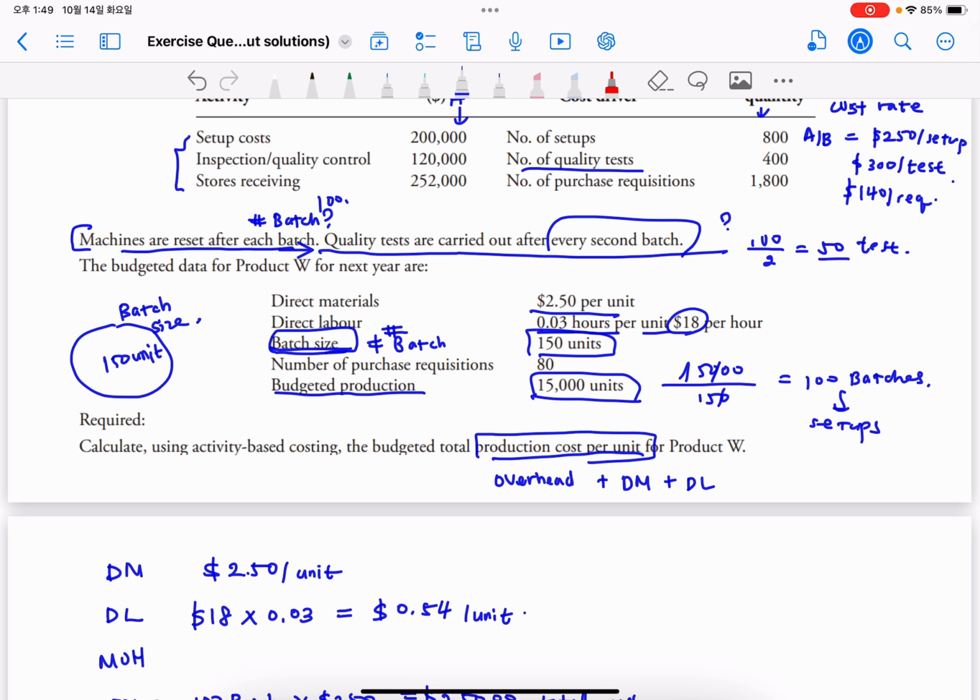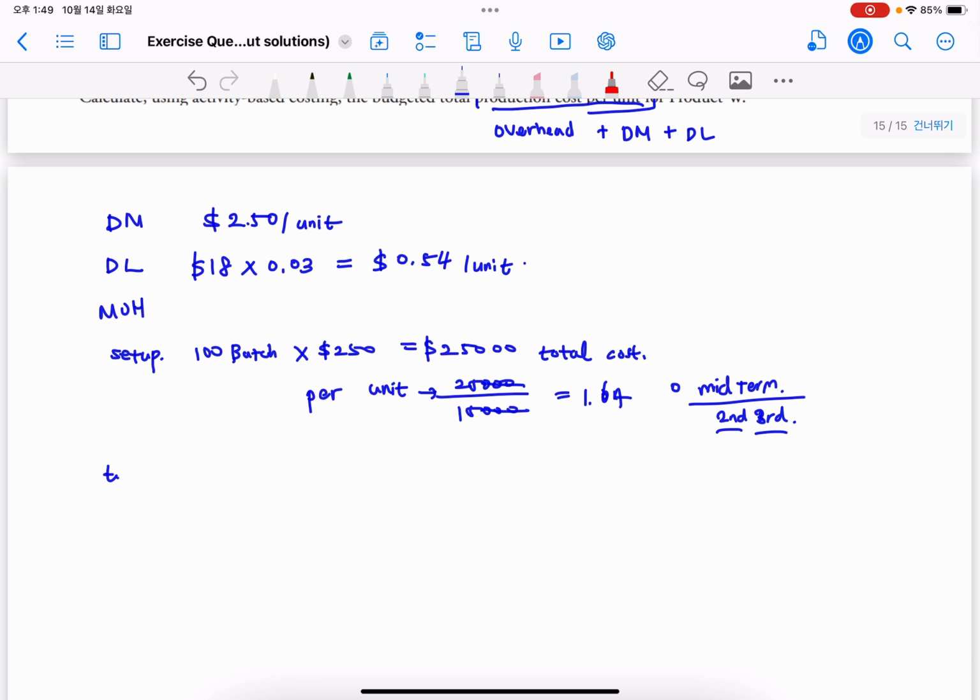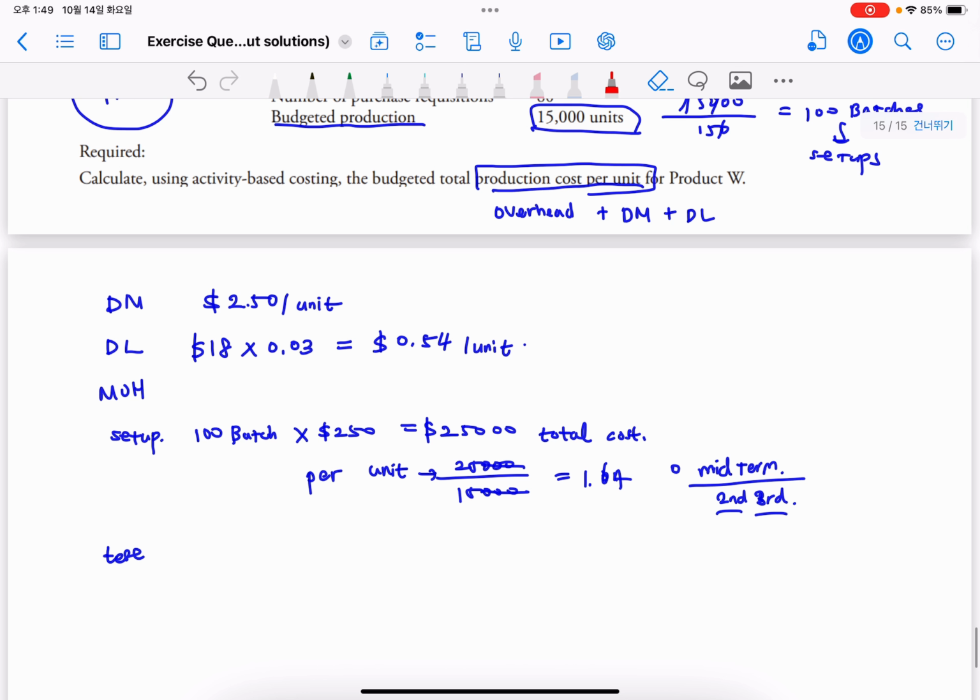And we know per test, it takes $300. So 50 tests times 300 is going to be $15,000 total. And again, per unit, we can divide this by the production of 15,000 units. So this is going to be 1.